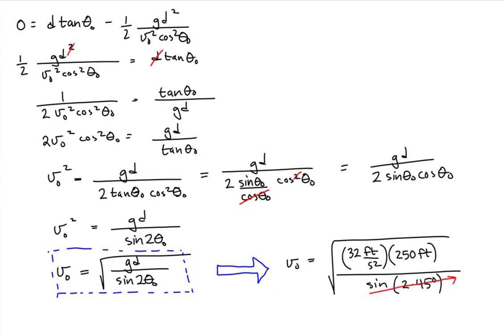The sine of 90 degrees is equal to 1. Plugging into my calculator, I get the initial speed is equal to the square root of 8,000 feet squared per second squared. Now the square root of a feet squared per second squared is a feet per second. So to two significant figures, we get the initial speed of that baseball as being 89 feet per second.